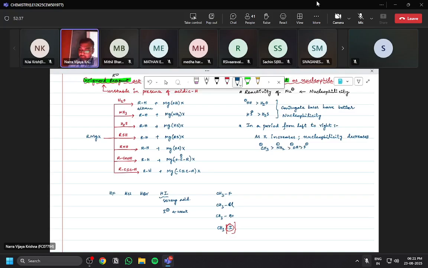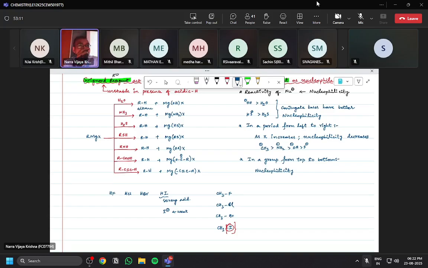Next, in a group from top to bottom, what will I write? In a group from top to bottom, does nucleophilicity decrease or increase?